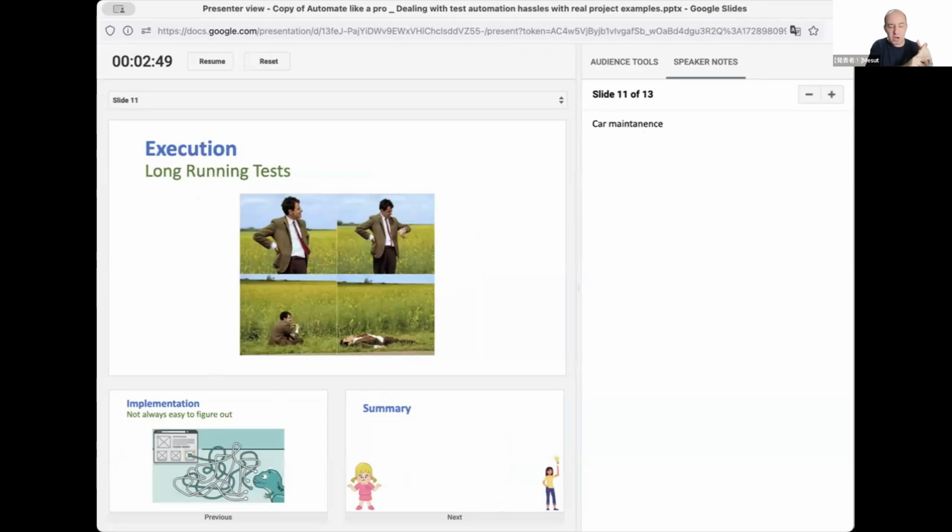So we prepared our environments, we implemented our test cases. What is next? We will execute, right? So do you know Mr. Bean on this slide? It is a very funny image, right? Sometimes we have to wait a lot. In this image, Mr. Bean is waiting for something.